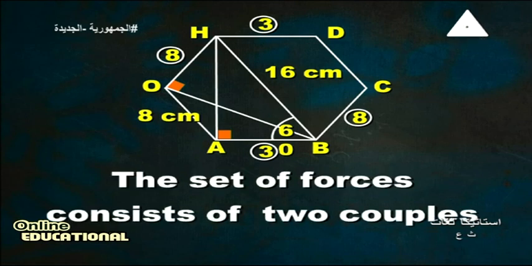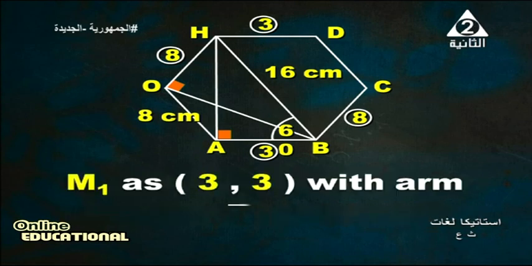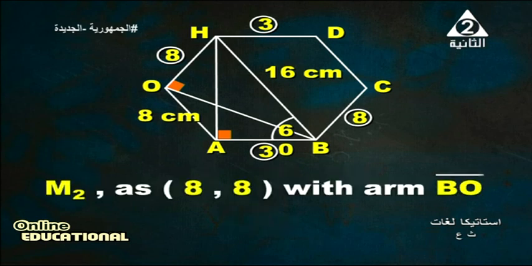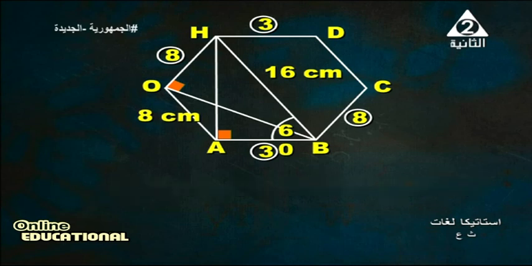The set of forces consists of two couples. The moment of the first couple is 3, 3 with arm AH. Also M2, 8, 8 form a couple with arm BO.